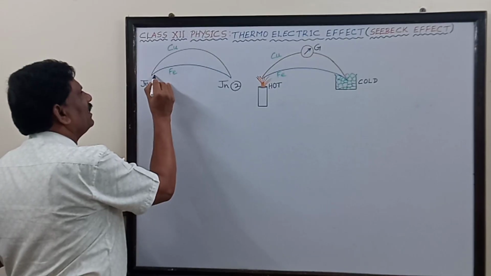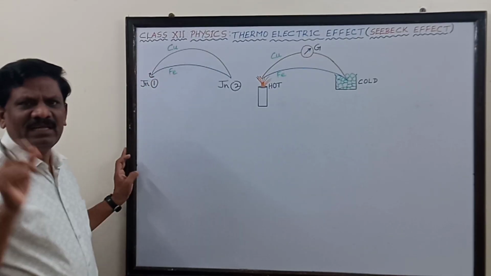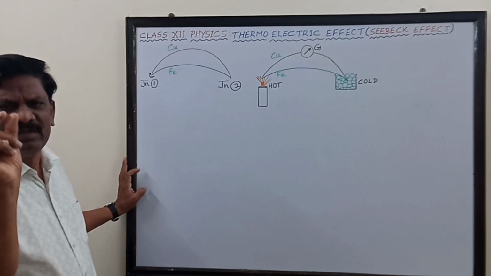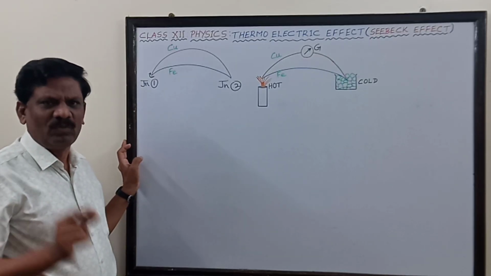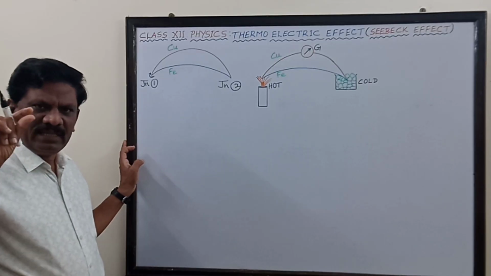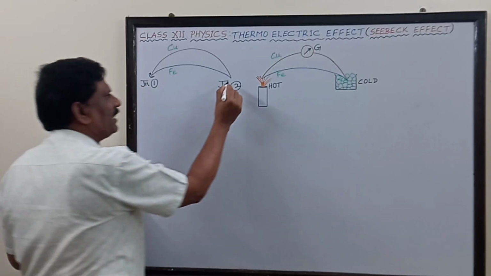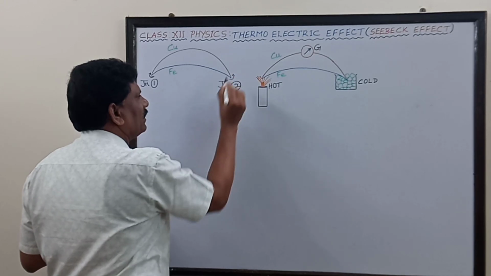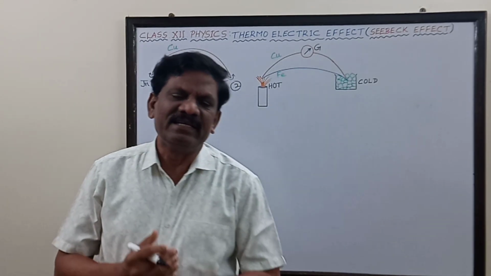There is a flow of free electrons within a very small distance of around 1 micrometer, across junction 1 as well as junction 2.